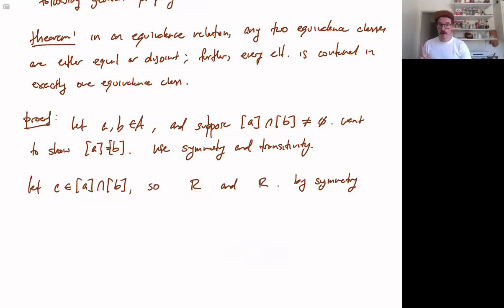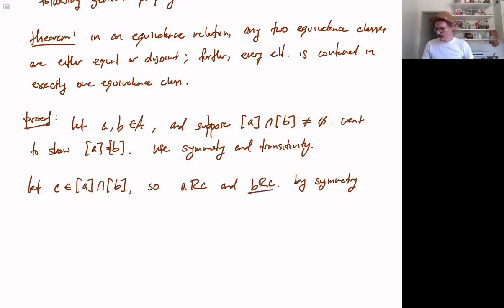It doesn't matter for equivalence relations, happily, but just to be very precise in our proof, let's write it the right way around. So this means that A is related to C, which is what it means to be in the equivalence class of A, and B is related to C as well. Okay, now I think we are back on track.